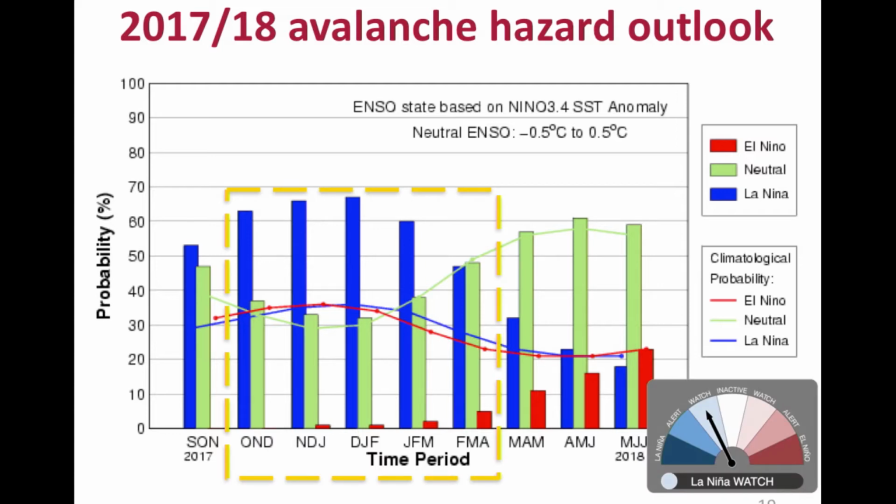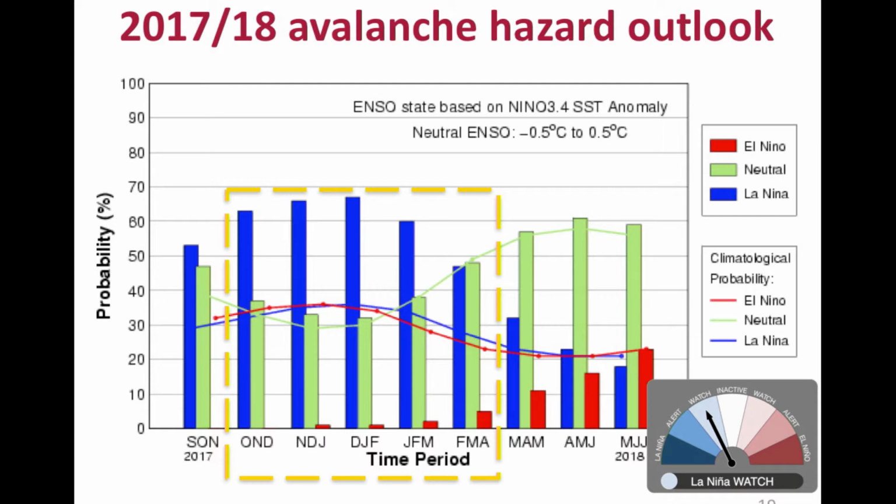Just highlighting here where the winter months are, November to March, the blue is La Nina and green's neutral. So this is like a 60-ish% probability of a La Nina winter.